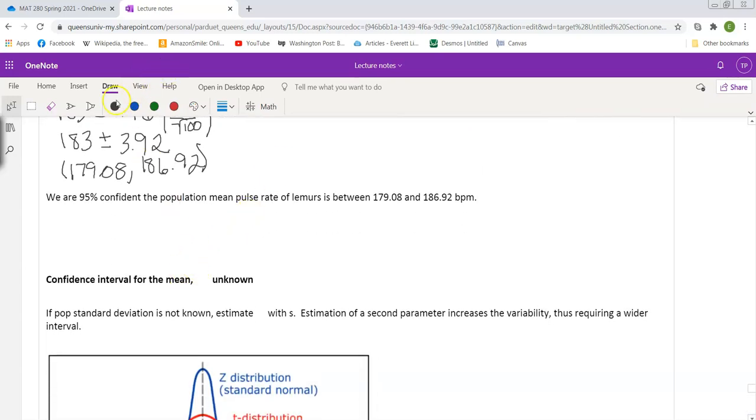So if sigma is unknown, then we're going to estimate sigma with S. Okay, so if we don't know the population standard deviation, we'll just plug in the sample standard deviation, which is fine, no problem, except that by estimating a second parameter, we need a wider interval because we're increasing the amount of variability.